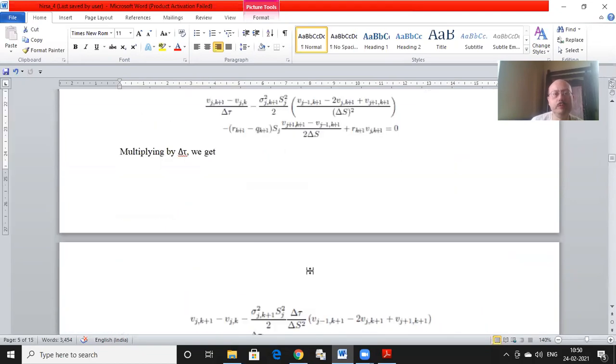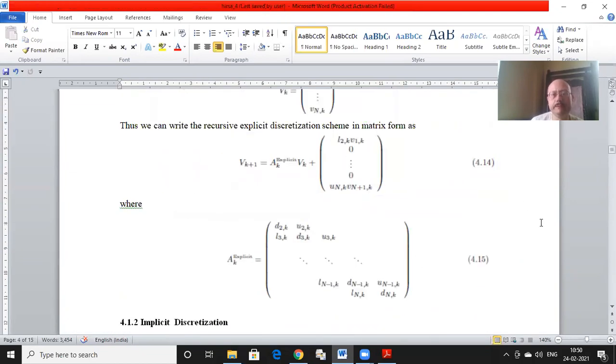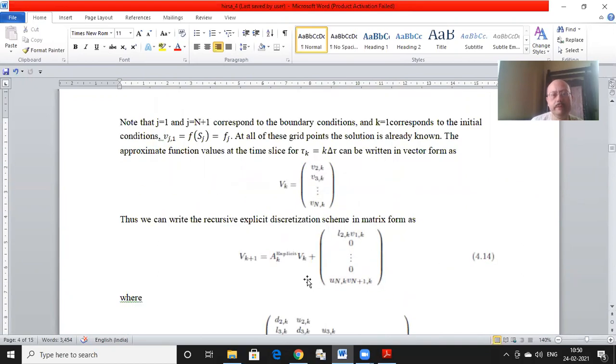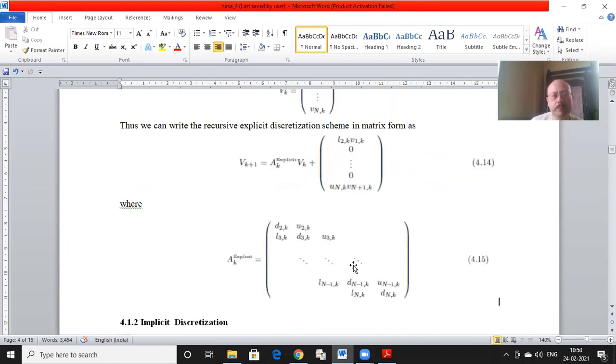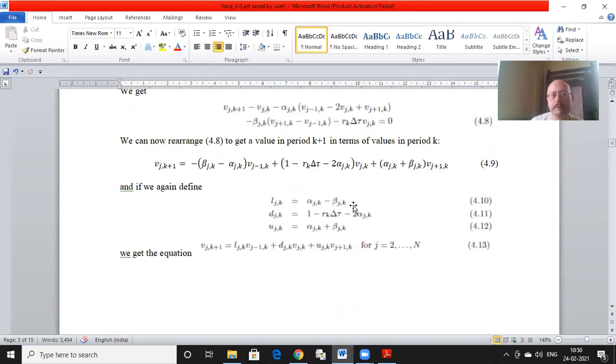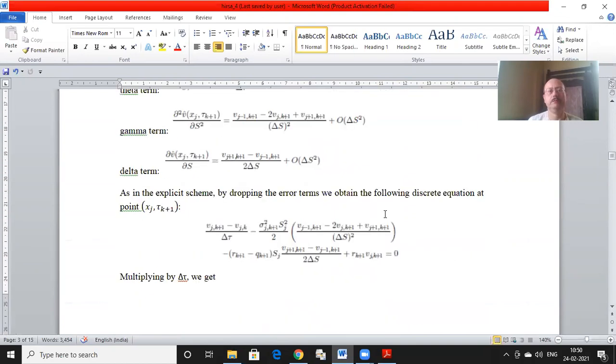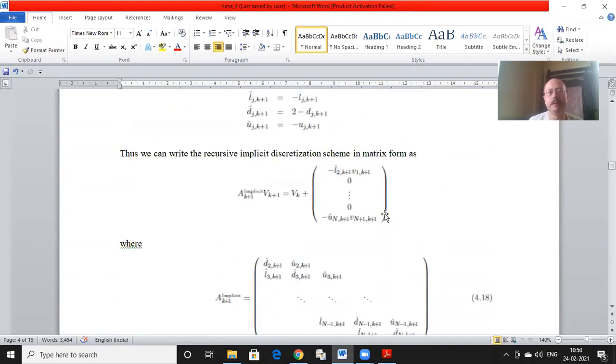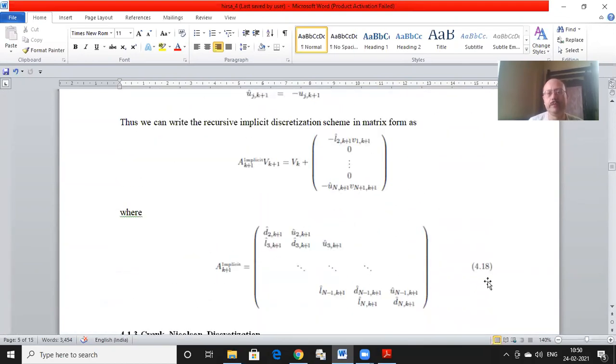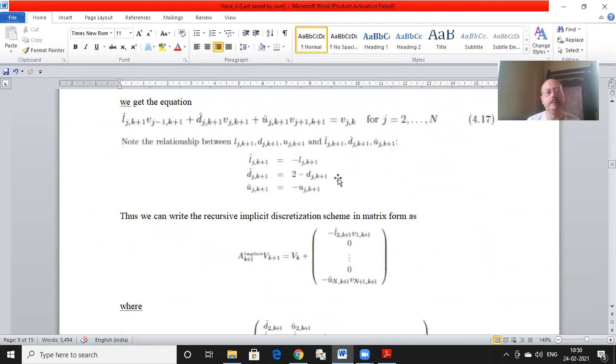So before moving on to it, I have the explicit solution in 4.14 and 4.15, where the symbols LDU are defined like this above. For the implicit scheme, I have the equation system here as in 4.18, again with this L hat, D hat, U hat defined as above.